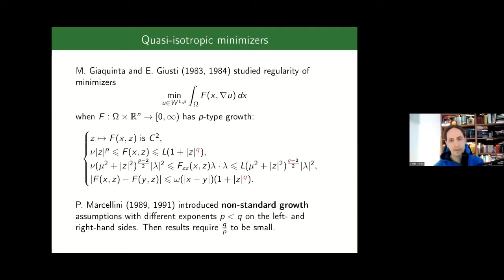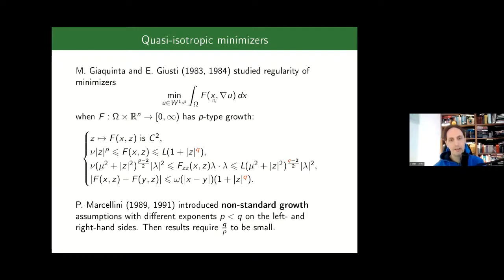Some years later, Marcellini suggested this PQ growth case or non-standard growth case. So here the lower bound is still p, but the upper bound is some different exponent q.